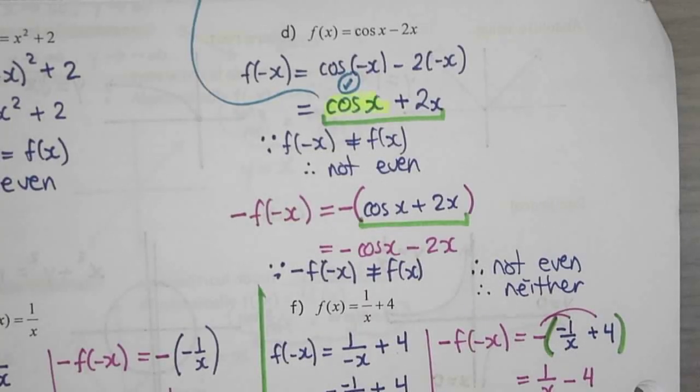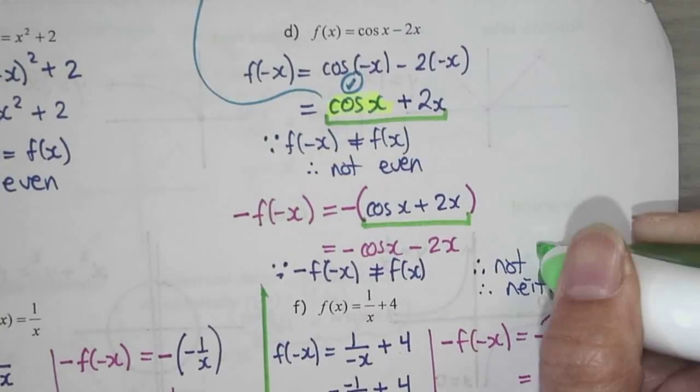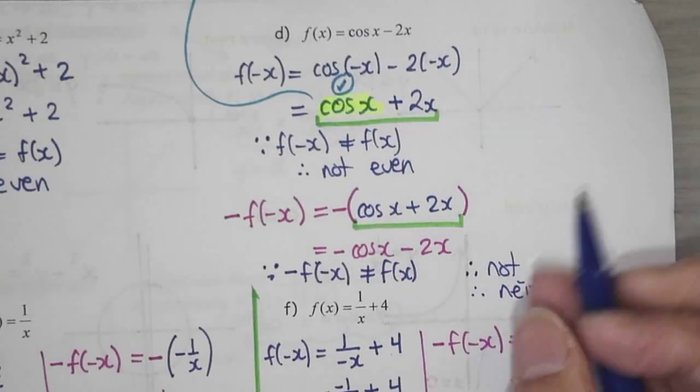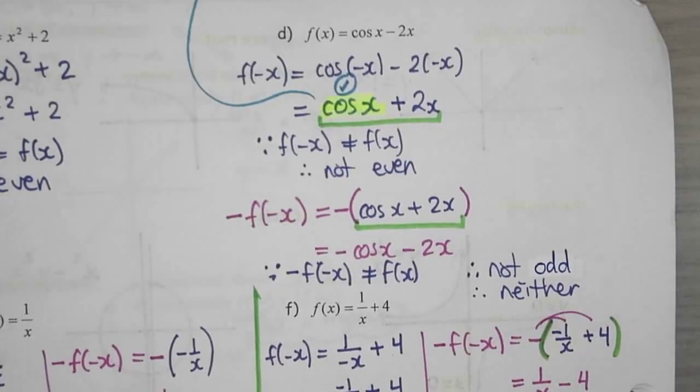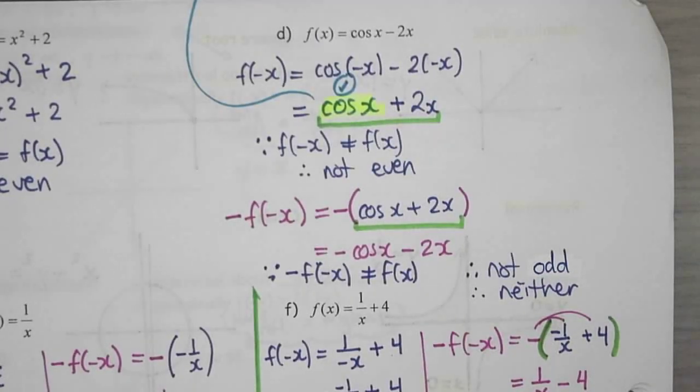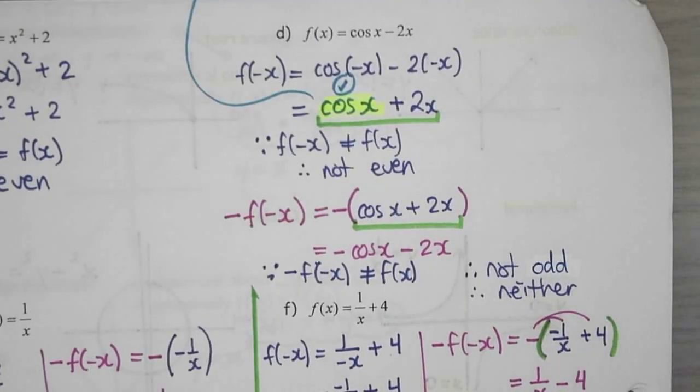What should it say? Yeah, odd. Thank you. See, you should always double edit my stuff. So not odd, stop me if I'm wrong. So not odd, therefore neither. And I know the neither part is kind of redundant because you just said not even, not odd. But usually the question said, describe if it's even, odd, or neither. So I'm just trying to make sure I really answered the question. Therefore neither.